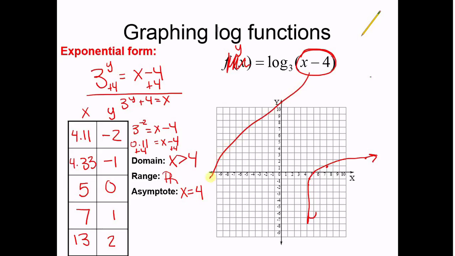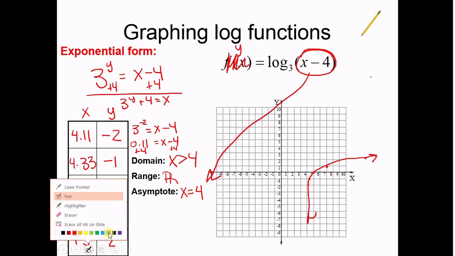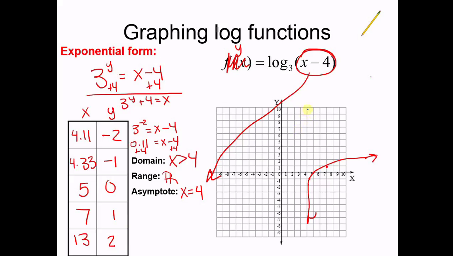These two are related. Just like last time when our vertical shift was related, it's going to be our horizontal shift, so you want to think opposite on this part. Let's graph in our asymptote of x equals 4. It's going to be right here. Marvelous graphing, if I don't say so myself.